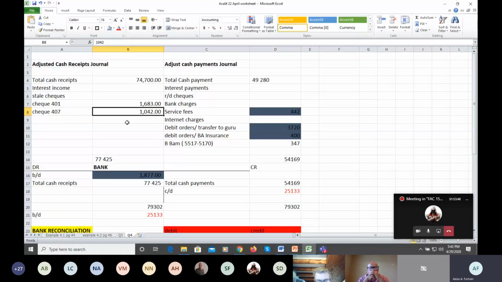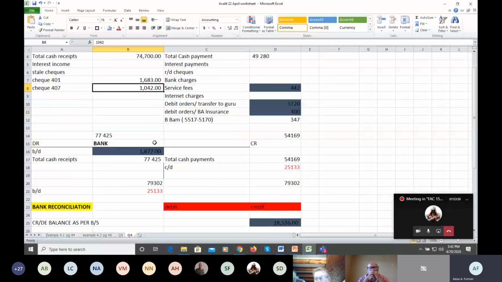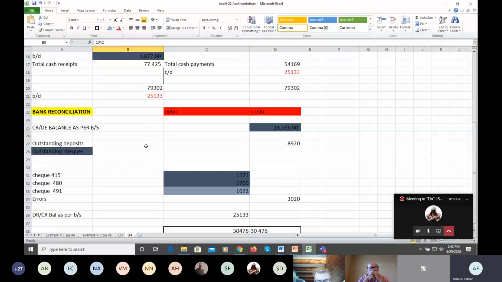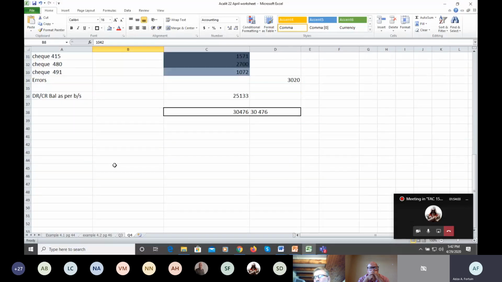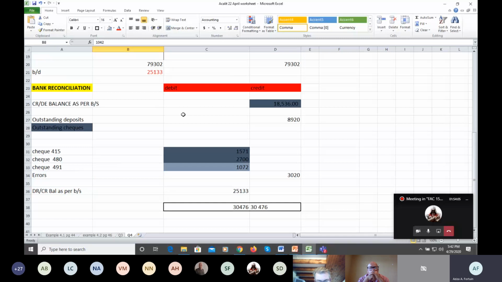The next point: a check of 3020 drawn by another client of the bank was erroneously entered to the bank statement of Owen. So it was debited originally, and to rectify it we're going to credit it. This is an error; with an error you either know what side it goes, or you can guess. Next, a deposit of 8920 dated the 31st of March does not appear on the bank statement of Owen Attorneys.